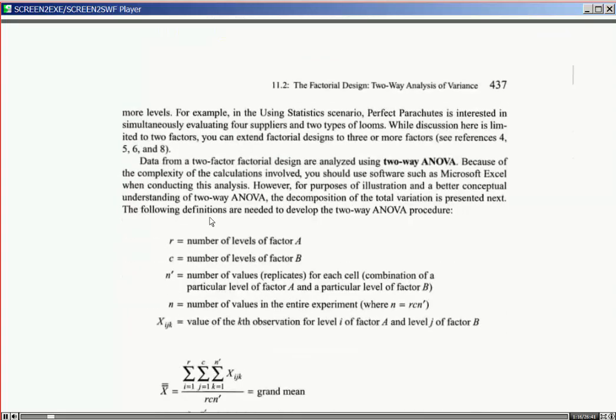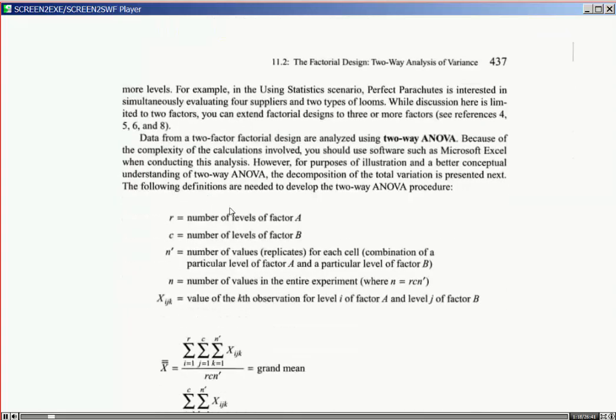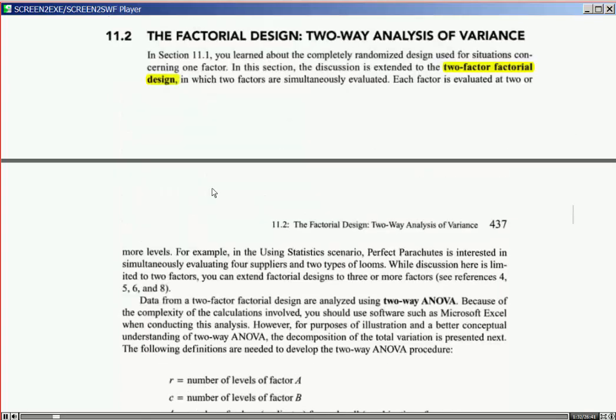Each factor is evaluated at two or more levels. That's something important as well. For this to make sense, each of these factors has to be evaluated at two or more levels. Otherwise, their presence is unchanged.